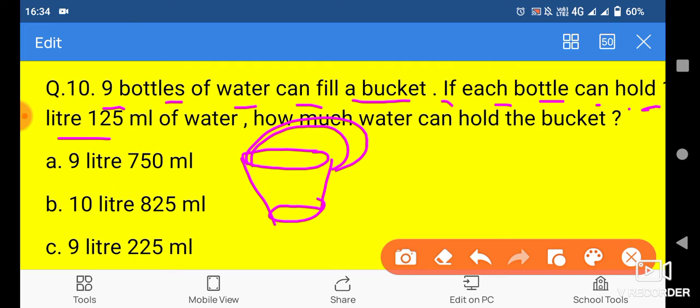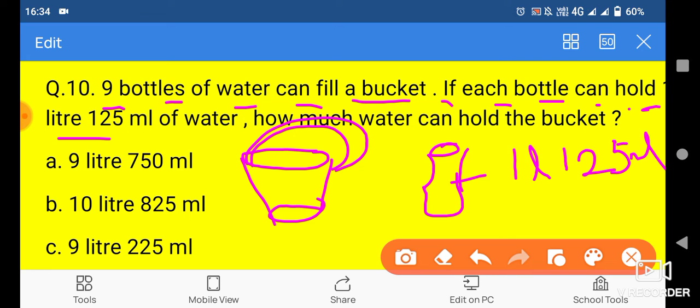It means we have a bottle and the capacity of this bottle is 1 liter and 125 milliliter. The question is how much water can the bucket hold? It means what is the capacity of this bucket?